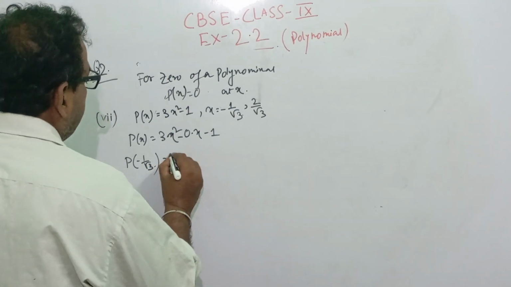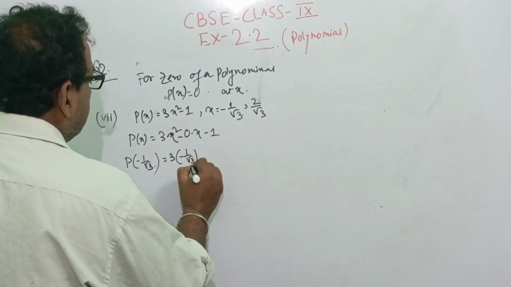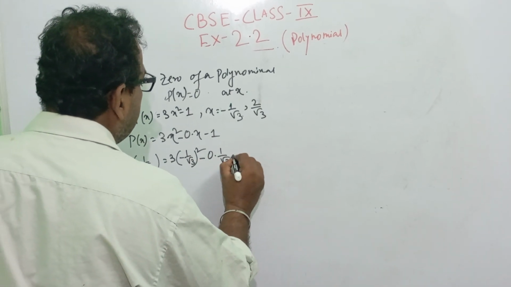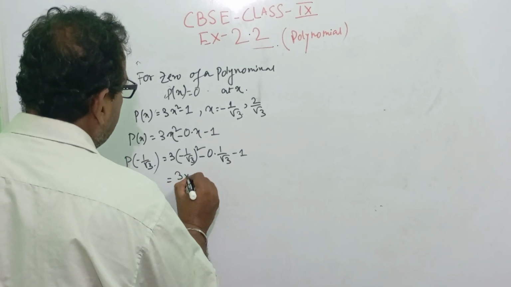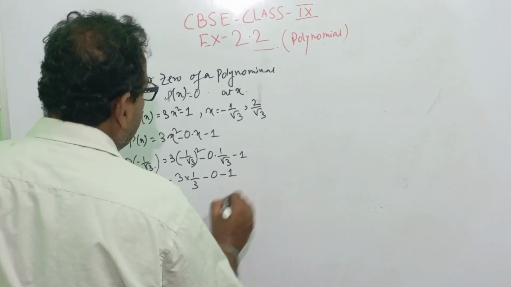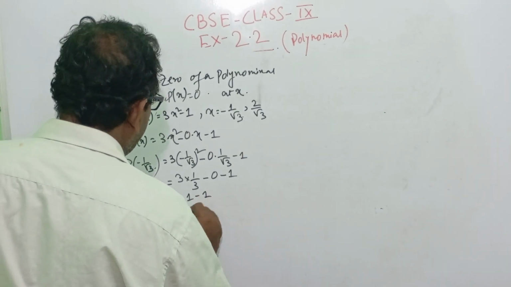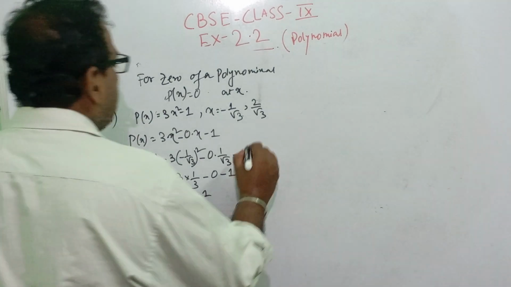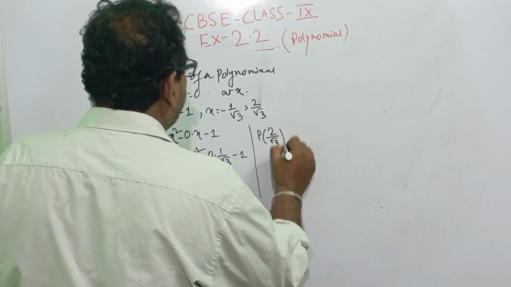So what will we do? 3 into minus 1 by root 3 square minus 0 into 1 by root 3 minus 1. So what happens? 3 into 1 by 3 minus 0 minus 1, that is 1 minus 1, that is 0. Now second, they have given p(2 by root 3).